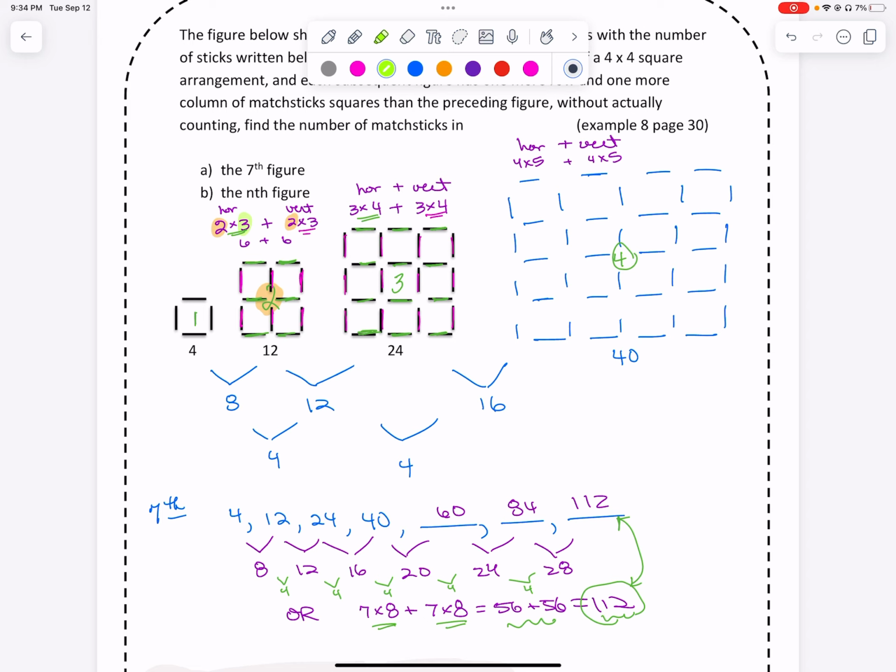Notice this one, that 3 is just one more than 2, right? 3 is just one more than 2. Let's come over here and see if that's the same thing. If this is my n, because it's my third one, is 4 one more than 3? Yep, same thing here. That 5 is one more than 4. So if I let this be n, this one is going to be one more than that, n plus 1, right?